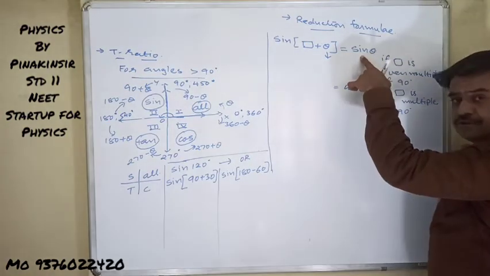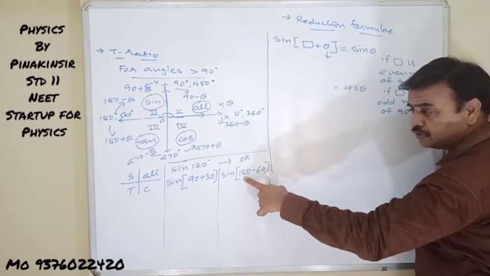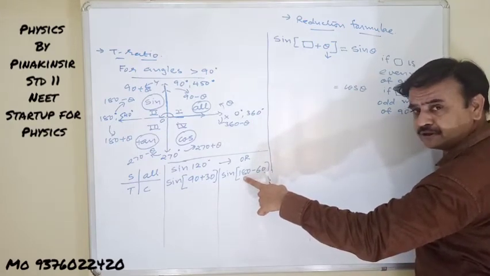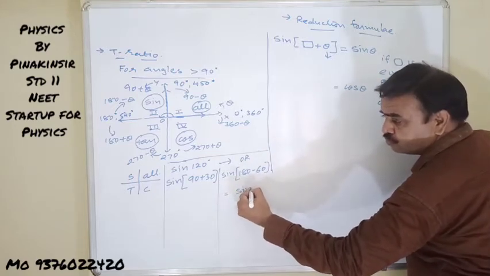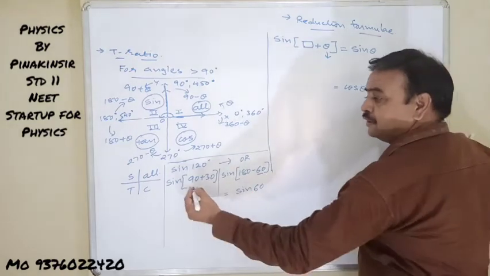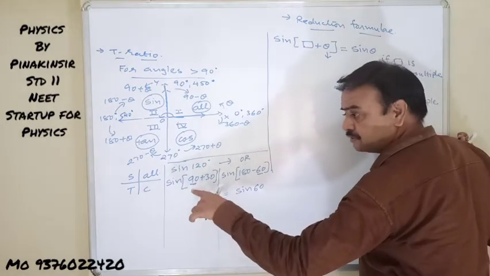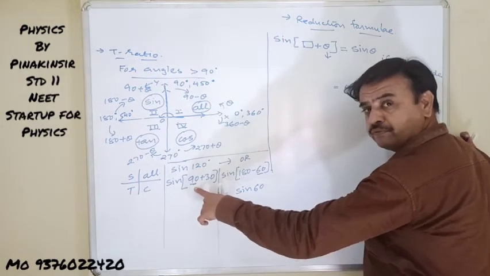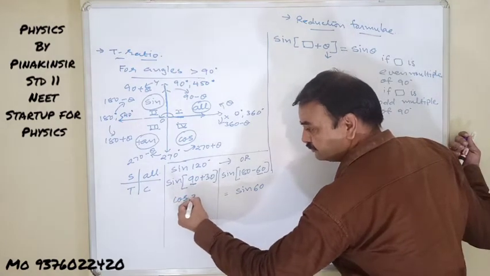If the box is an even multiple of 90, here an even multiple of 90 is there, that is 90 multiplied by 2, then your answer will be equal to sine of the same angle, that is sine of 60. If that box, here we are having 90, in this manner 90 is an odd multiple of 90, thereby it must be converted into cos.